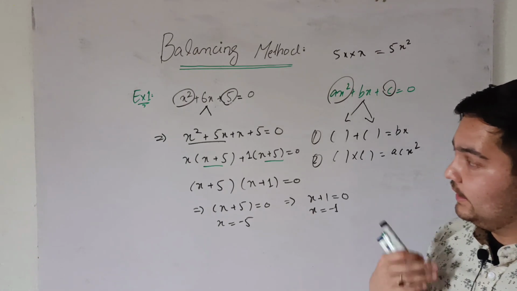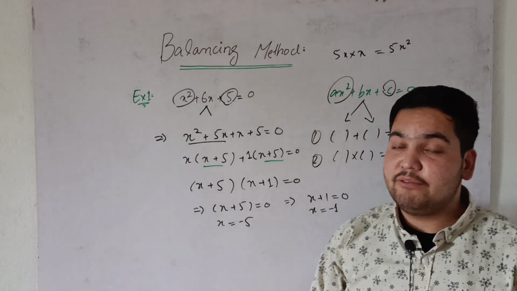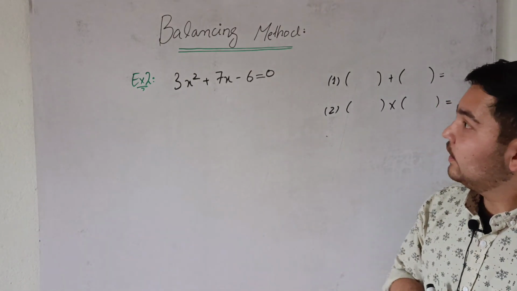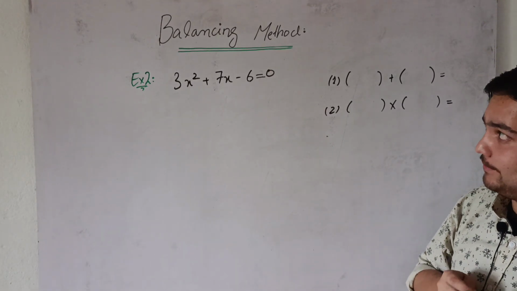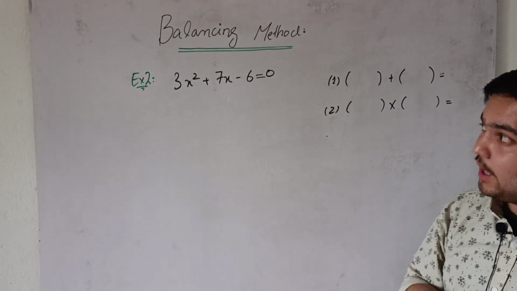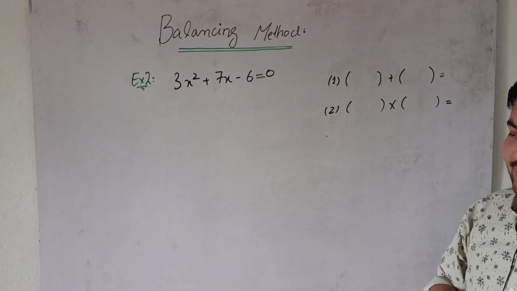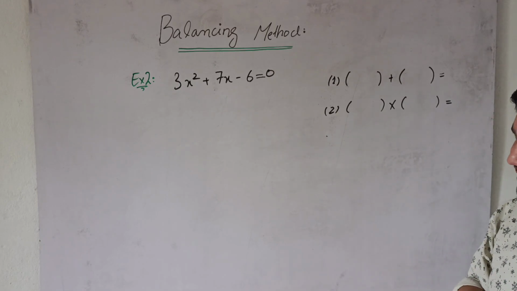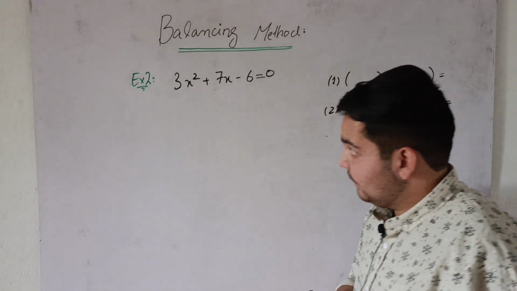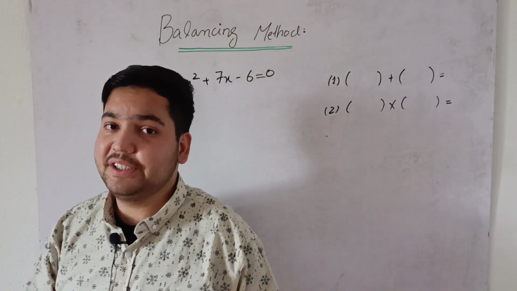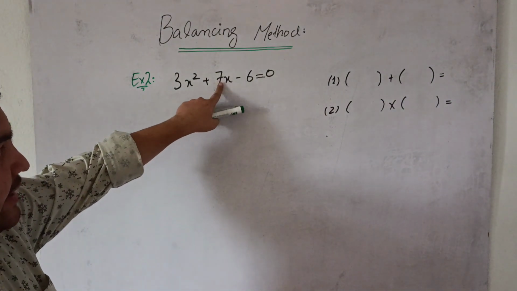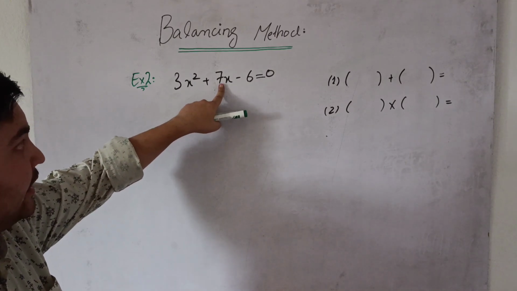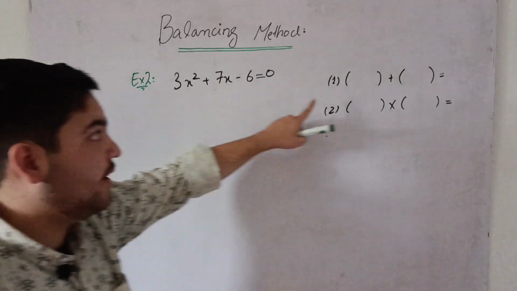I will do an advanced example. Example number 2 is 3x square plus 7x minus 6 is equal to 0. It is a little advanced example. In the first example I discussed the two conditions of the balancing method. We must split the middle term, but we must satisfy these two conditions.